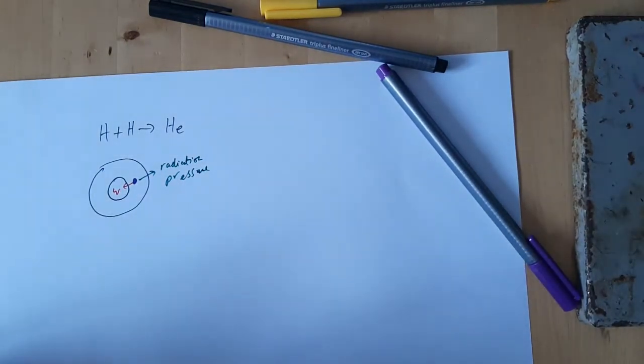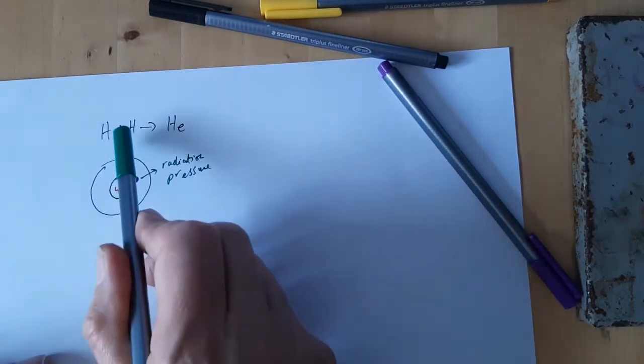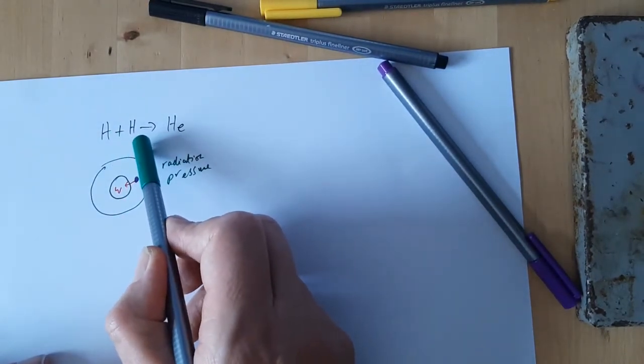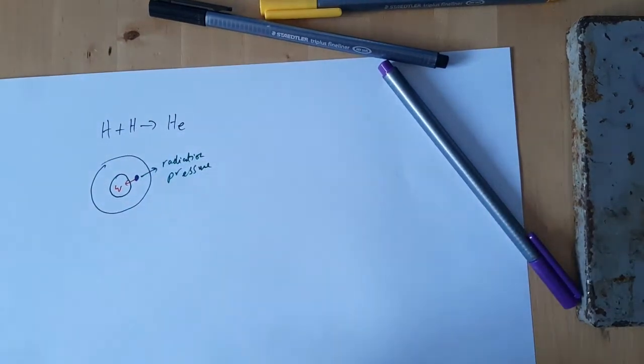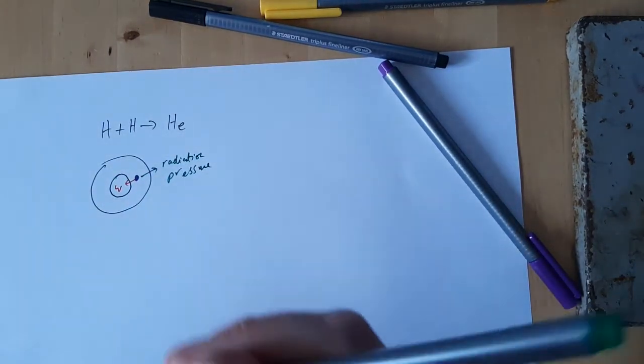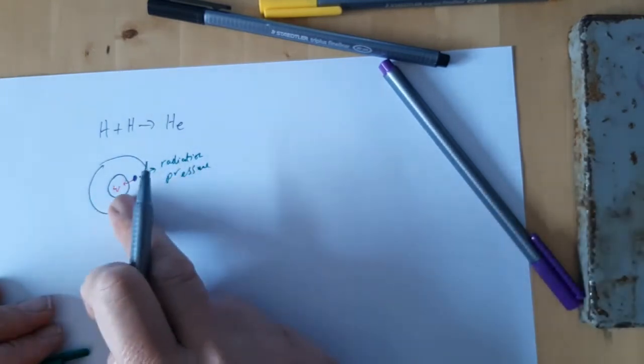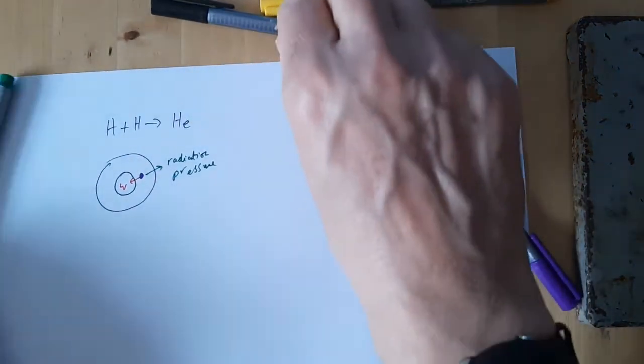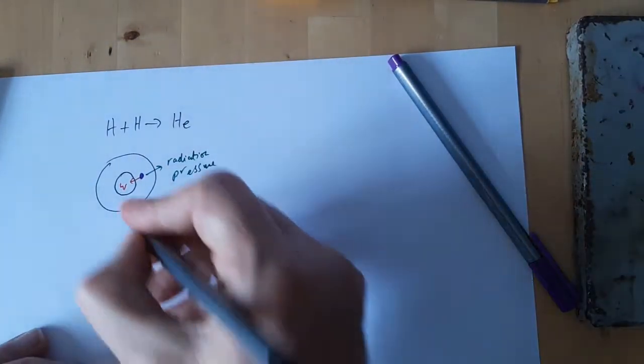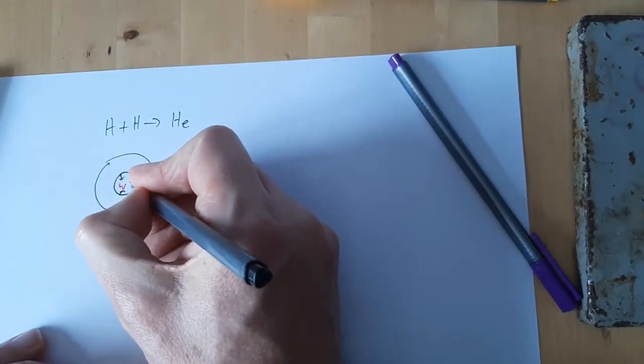So what happens if you start to run out of fuel? You start to run out of hydrogen in the core of the star. Well, as a result of a reduced radiation pressure going outwards, our core is now going to collapse. Our core is going to move in.